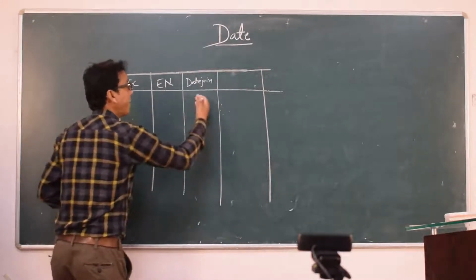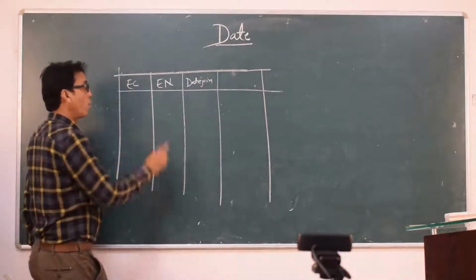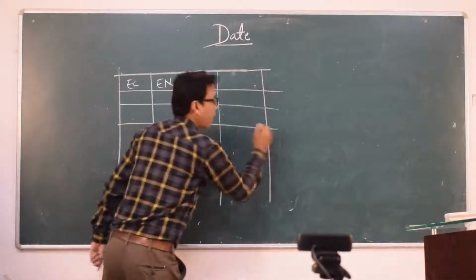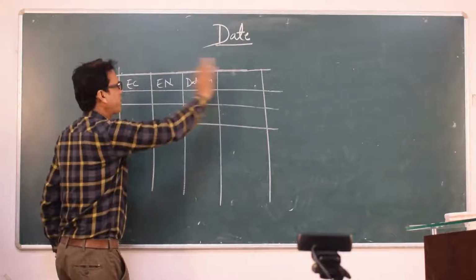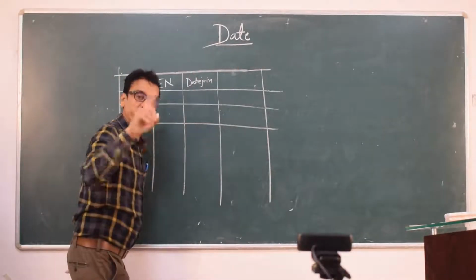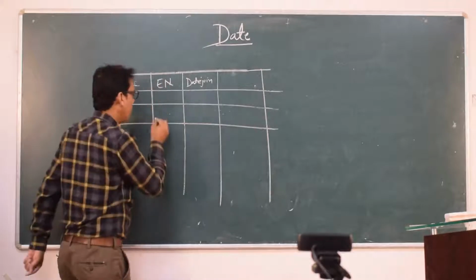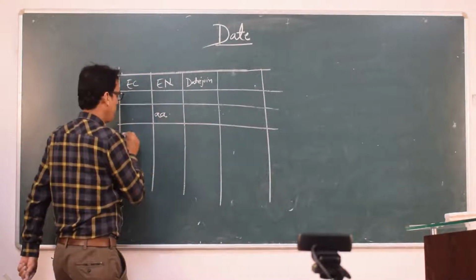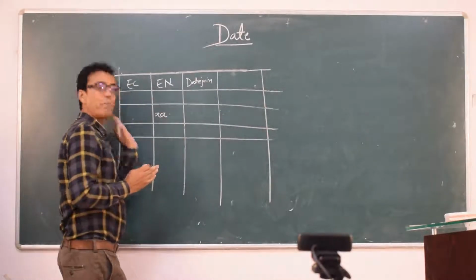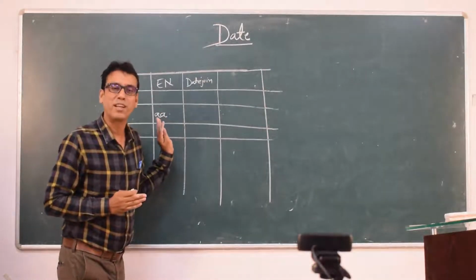How do we enter date? Suppose, forget about this database, you want to enter AA. It is string data. When you type AA and press enter, it will be on the left side of the cell.